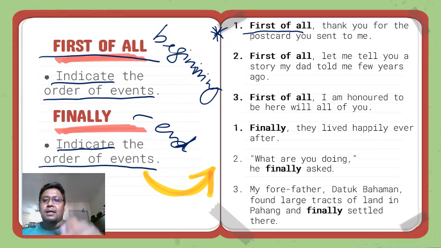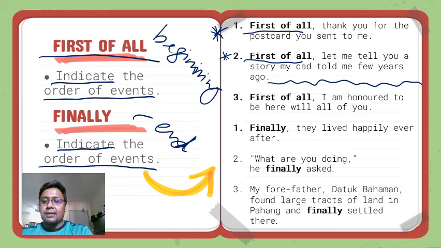Then this one: First of all, let me tell you a story my dad told me a few years ago. You want to start a story, so we need to come up with an introduction first.